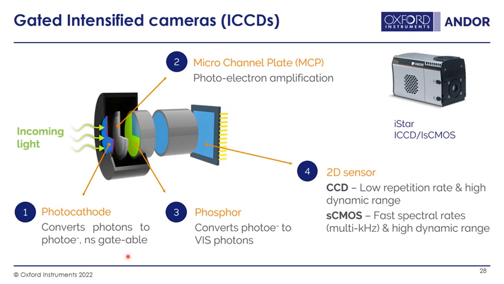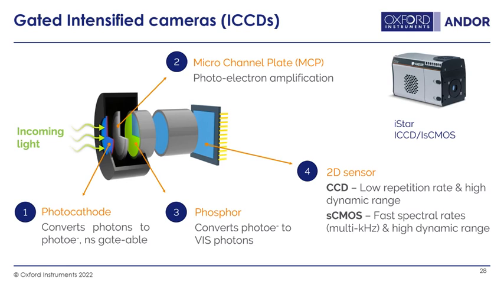That means it can be made only to generate photoelectrons for very short, precise periods of time. Then you have a microchannel plate, which provides amplification of these photoelectrons to boost up the signal. The photoelectrons then strike a phosphor, which converts these photoelectrons into visible photons, which are detected on our 2D sensor. Again, this can either be CCD or sCMOS in design.